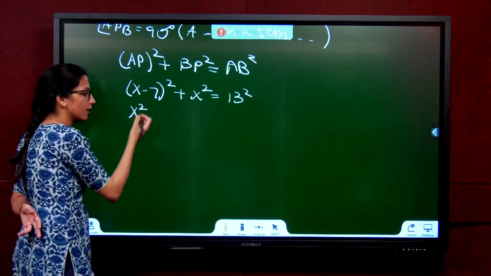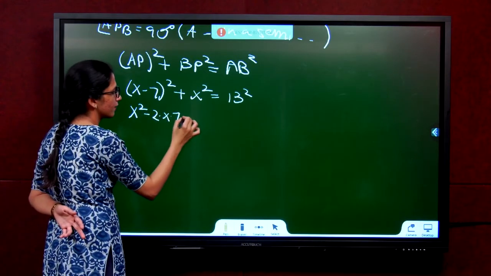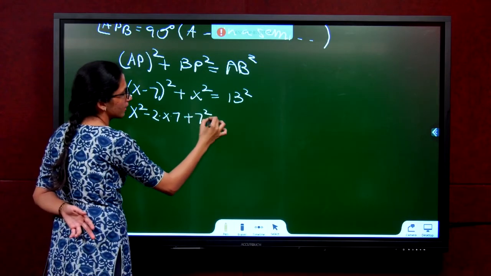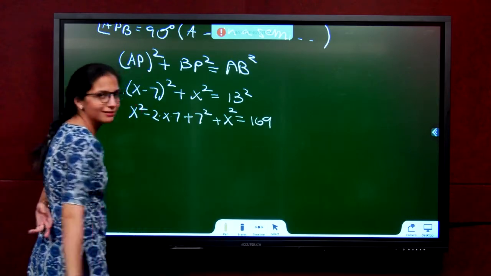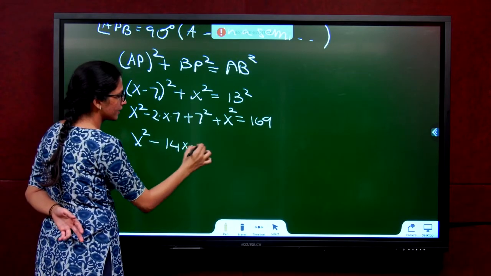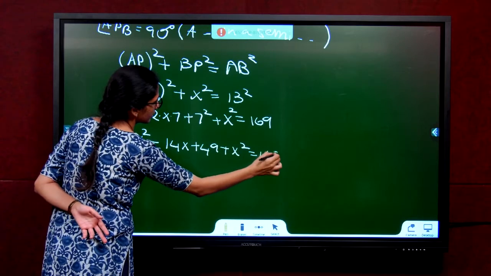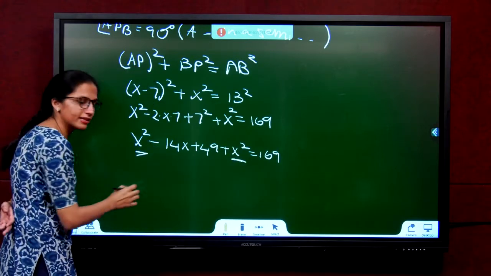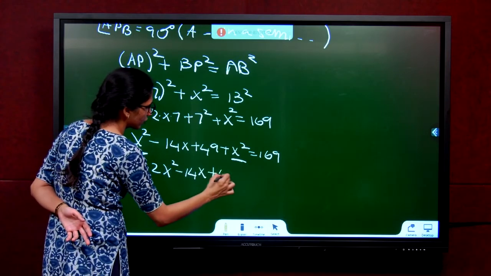A minus B formula, (a minus b) the whole square. So, x square minus 2 into x into 7 plus 7 square plus x square is equal to 13 square, 169. x square minus 14x plus 49 plus x square is equal to 169. x square plus x square, 2x square minus 14x plus 49.